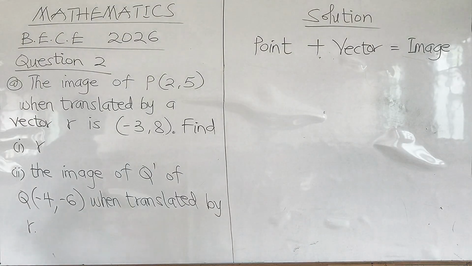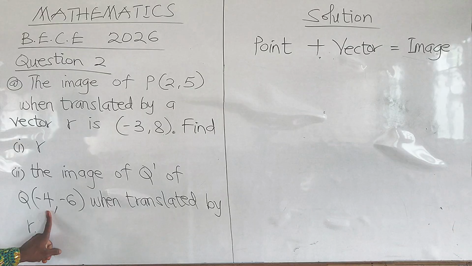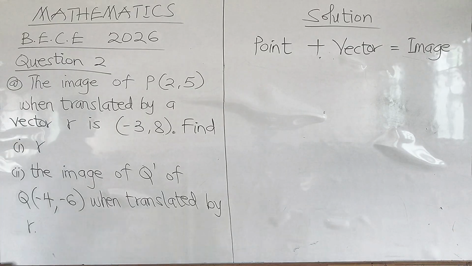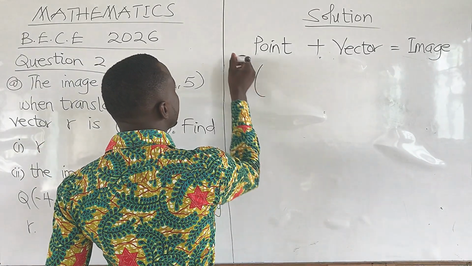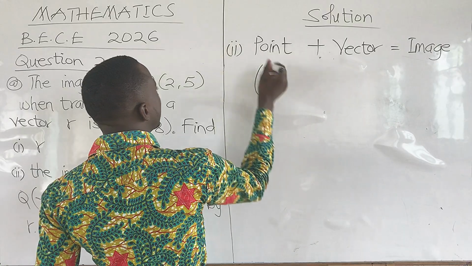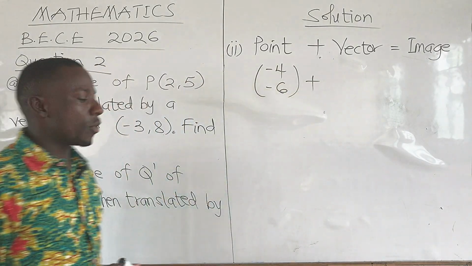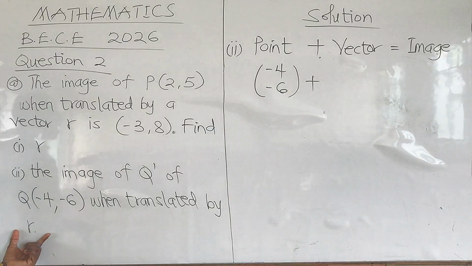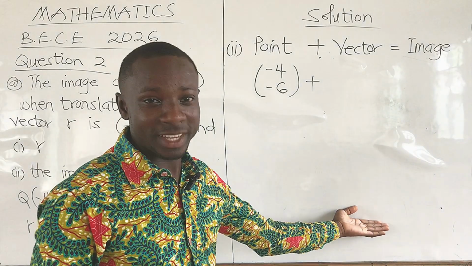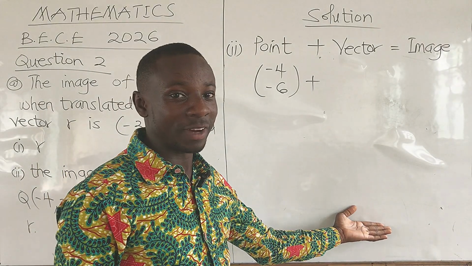So we are going to make direct substitution. Now the point is (-4, -6). And we are going to use the vector we have from R. And what did we get from here? It was (-5, 3).